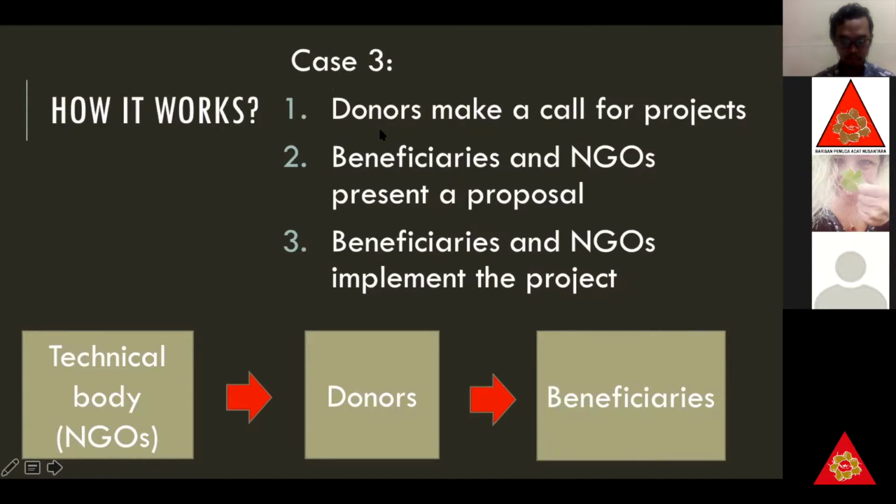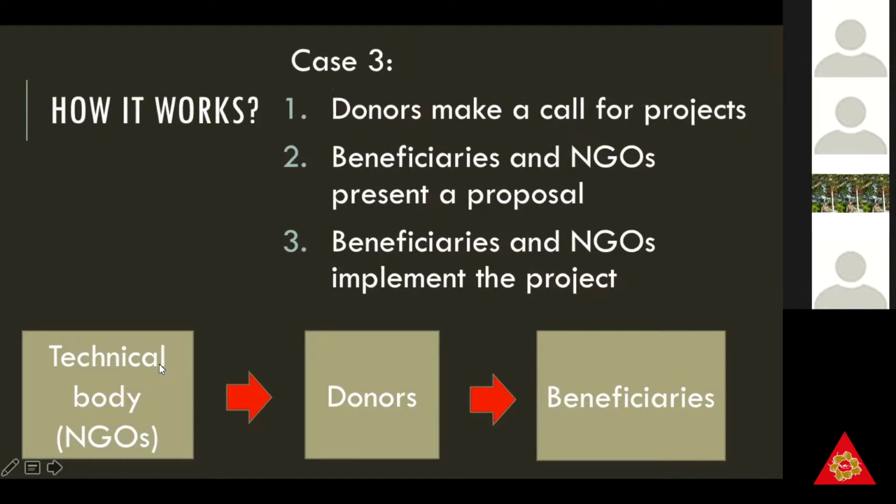So I prefer this case 3, when sometimes more donors make a call for projects, but here the beneficiaries and the NGOs present the proposal, and then if the donors agree, then the beneficiaries and the NGOs implement the project.